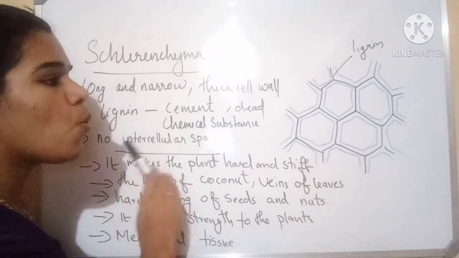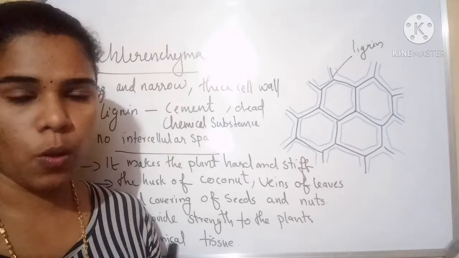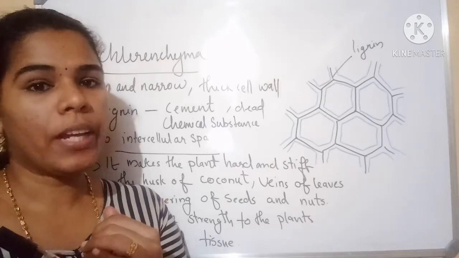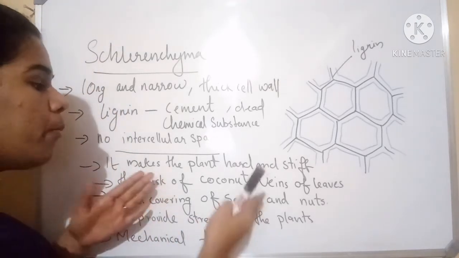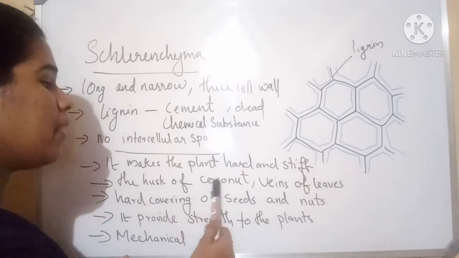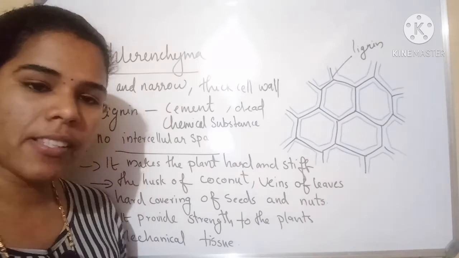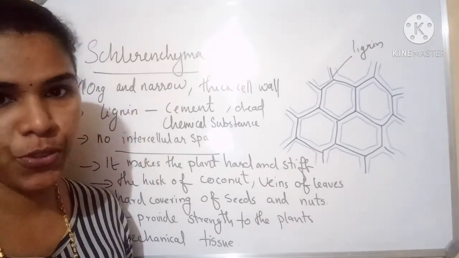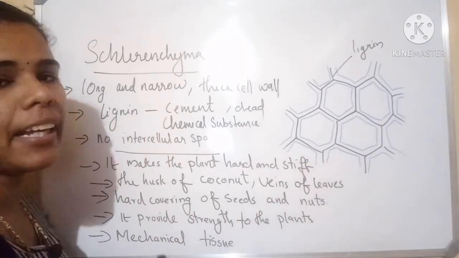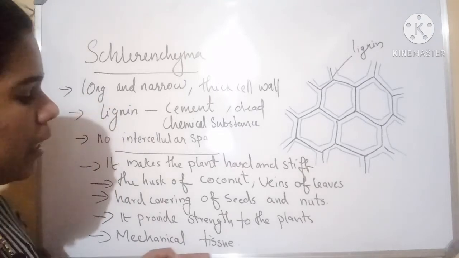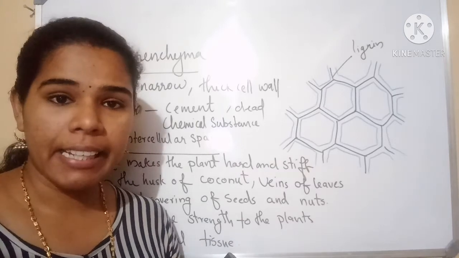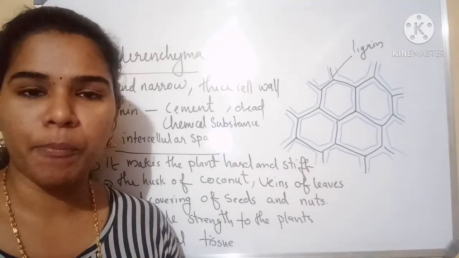There is no intercellular space; it is tightly packed. This is commonly seen in the husk of coconut and the hard covering of seeds and nuts. It provides strength to the plant, so it is called mechanical tissue.